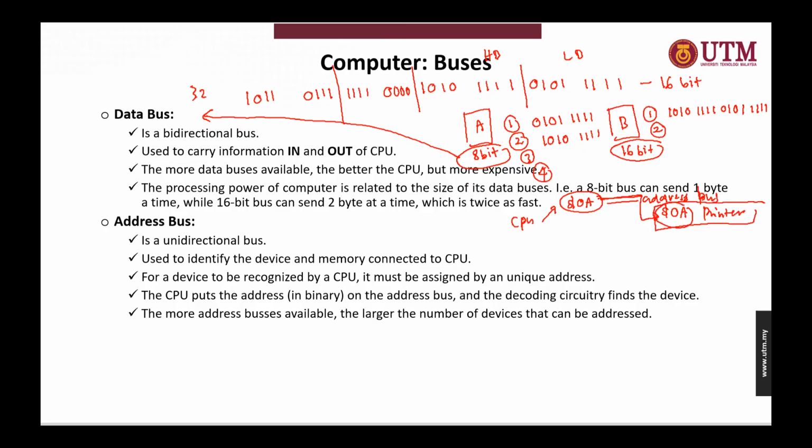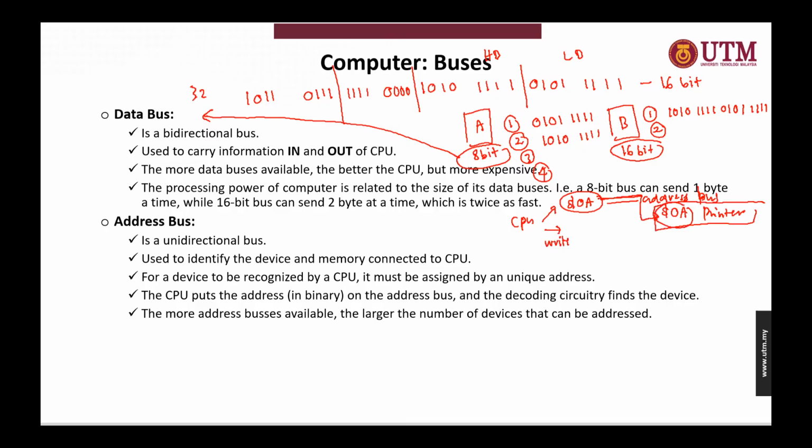Then, for printing, on the control bus we need to give a write signal because printing means we are going to write.